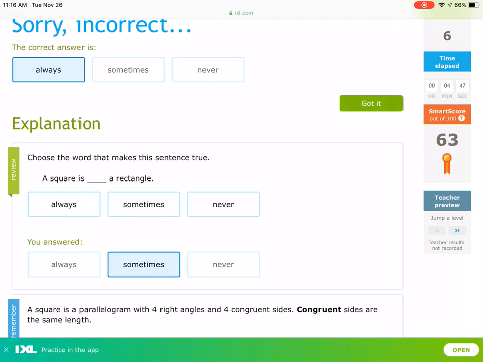And what it takes to be a rectangle is you need all four angles to be 90 and opposite pairs of sides to be congruent. And squares definitely have that. All four angles are 90 and opposite pairs of sides are congruent. In fact, they're all congruent to each other. So this should have been always. A square is always a rectangle.